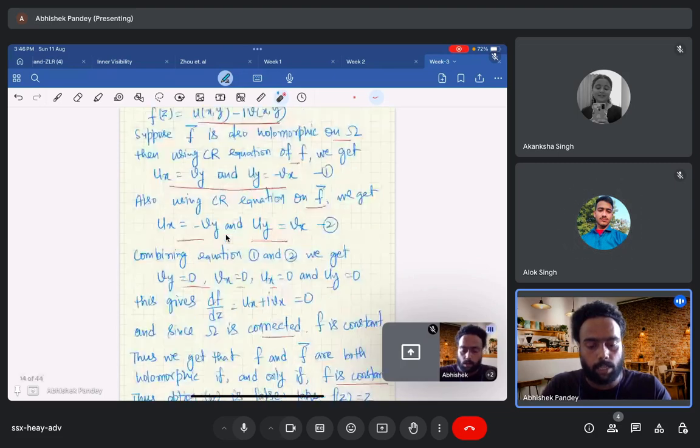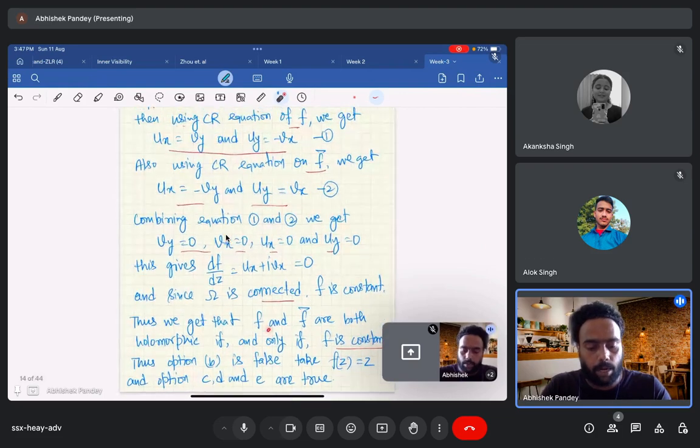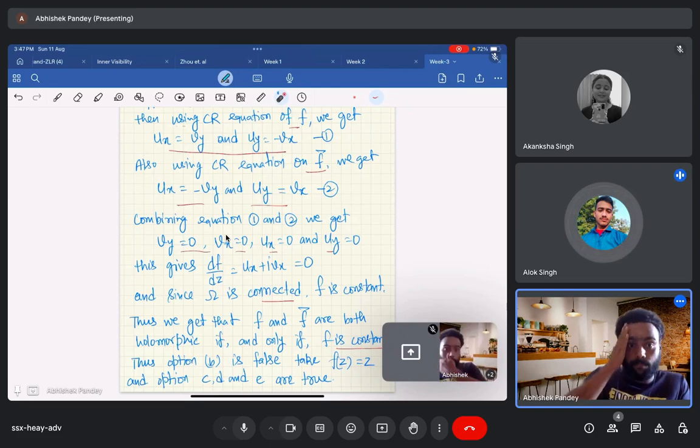Now if you combine equations 1 and 2, you will get v_y = 0, v_x = 0, u_x = 0, u_y = 0, which gives that the derivative of f is 0, and omega is connected, so f is constant. Thus f and f bar are both holomorphic if and only if f is constant. Is it clear? Yes, clear.